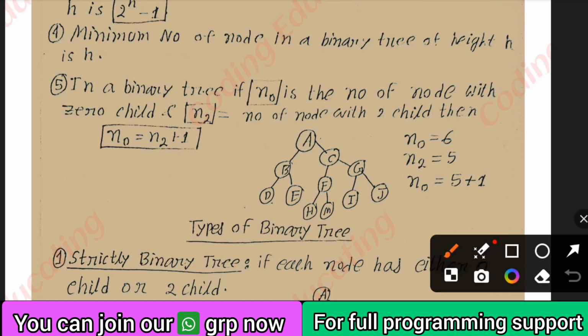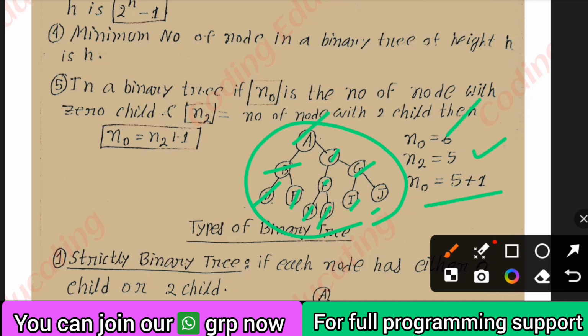Okay, then this is the example. n0 means number of 0 child, that's called leaf node. 1 2 3 4 5 6, n0 equal to 6. And n2 means 2 childs: 1 2 3 4 5, 2 childs 5 and 6, so n0 is equal to 5 plus 1.